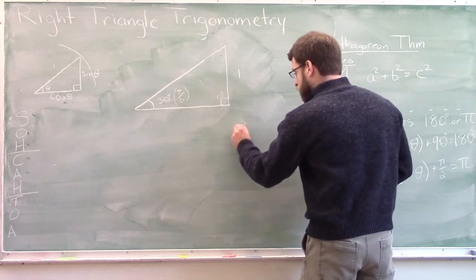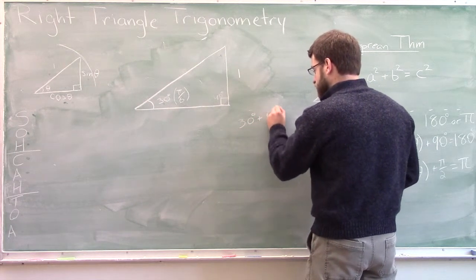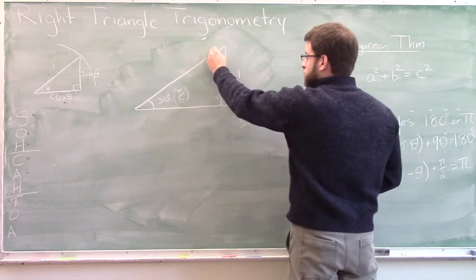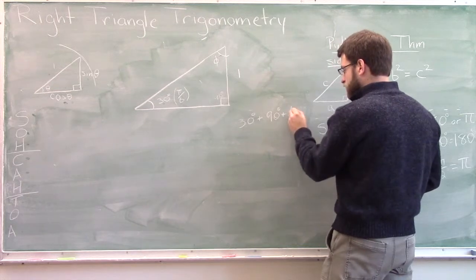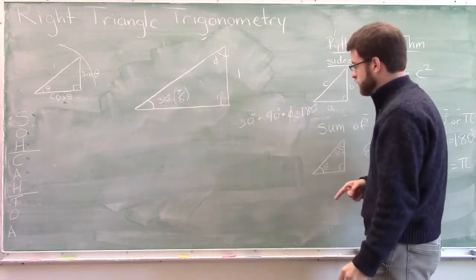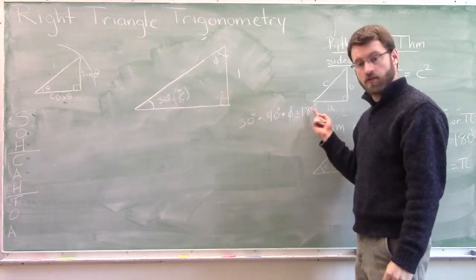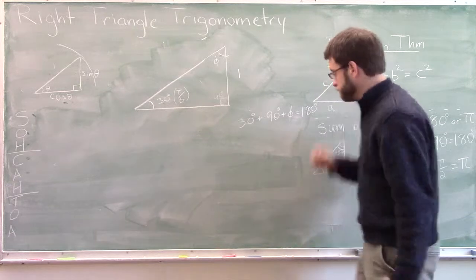We need 30 plus 90 plus this angle, maybe we call it phi, to be equal to 180 degrees. That's the sum of angles requirement. So if we go ahead and solve this equation for phi, we'll know all the angles of this triangle.